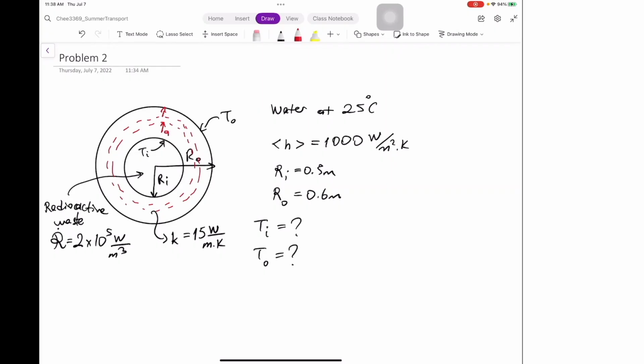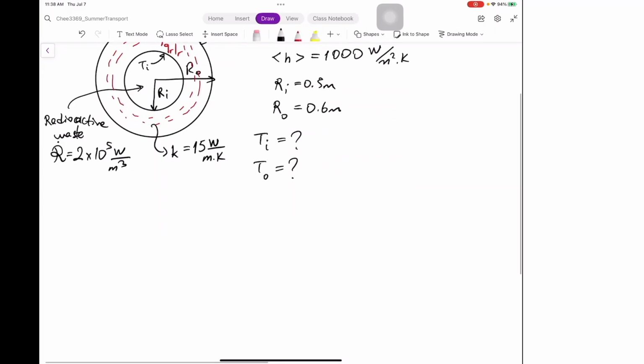Okay, QR at R, QR at R plus delta R. We say in minus out plus generation is equal to accumulation, correct? And do I have any accumulation? No.